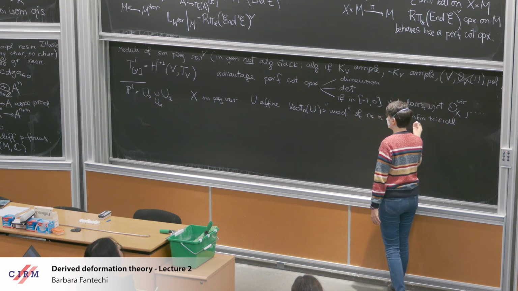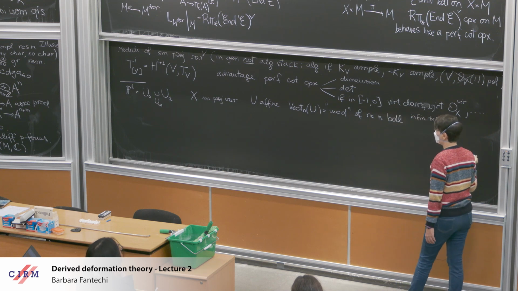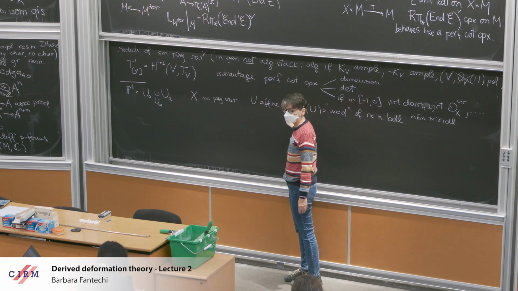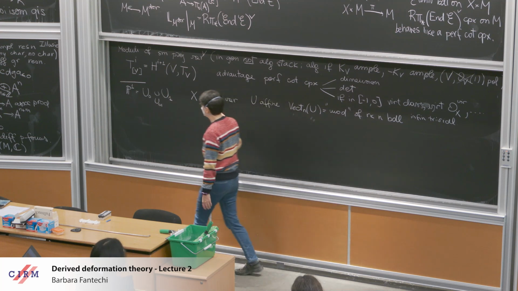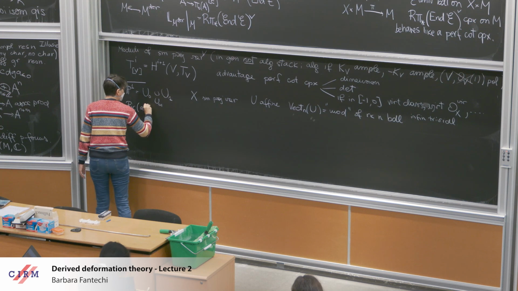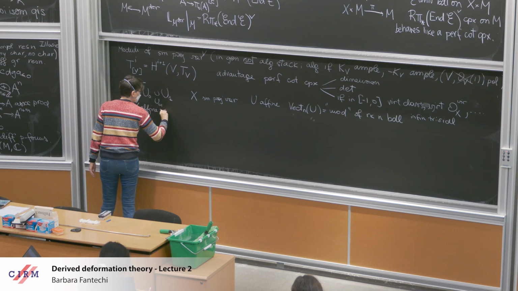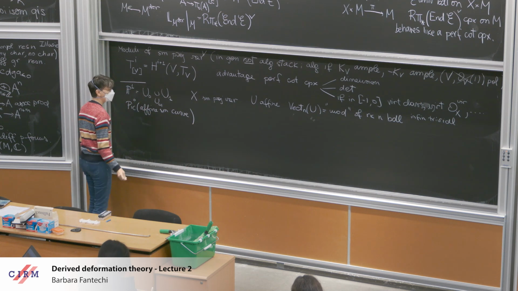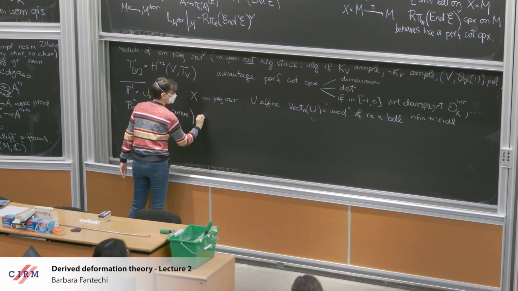Because the tangents are all cohomology, and if U is affine, they become 0. So what this tells you is why we do not work with this. This is not algebraic, because of course we know that this is non-trivial, right? So if you take even a piece of an affine curve, and you even fix degree 0, this is in general very non-trivial.